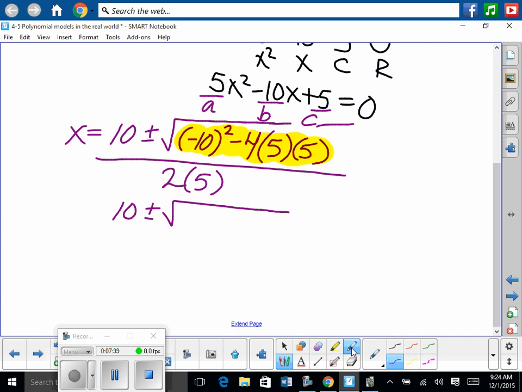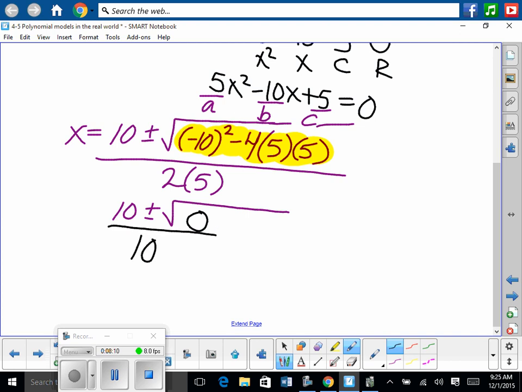Type in that piece, and what do you get? Nope. 0. So we get a 0 all over 10.